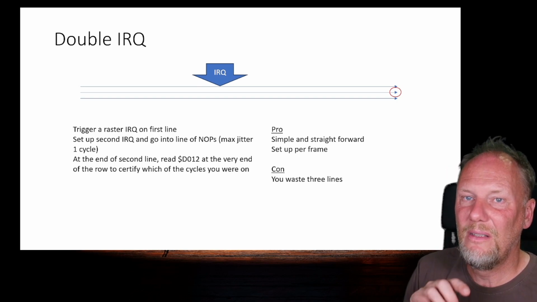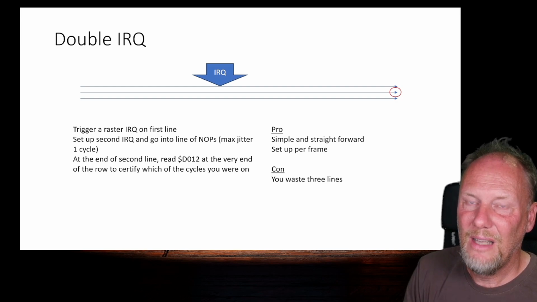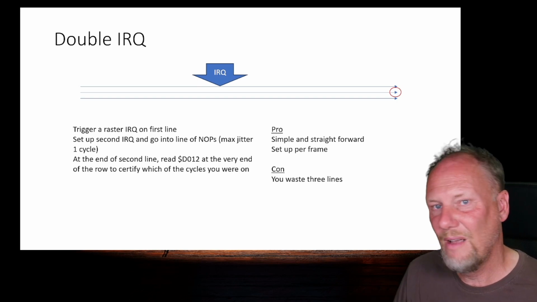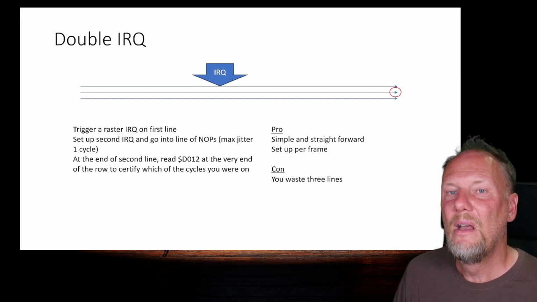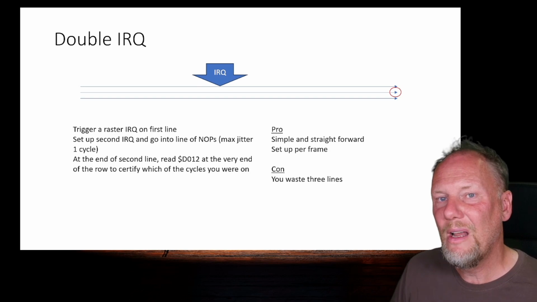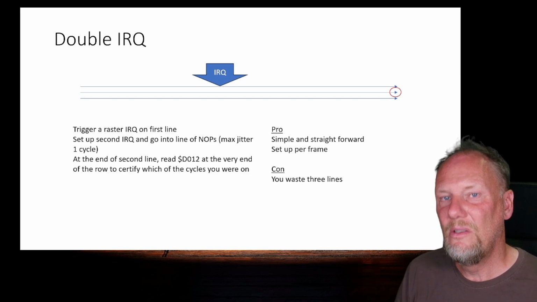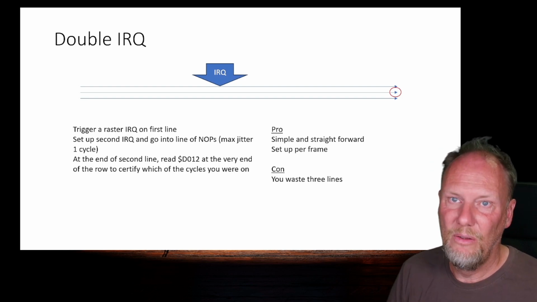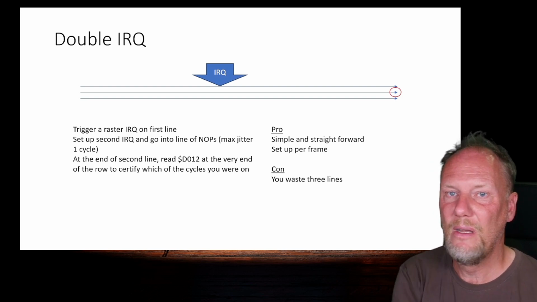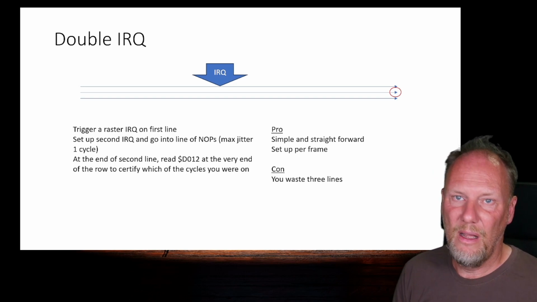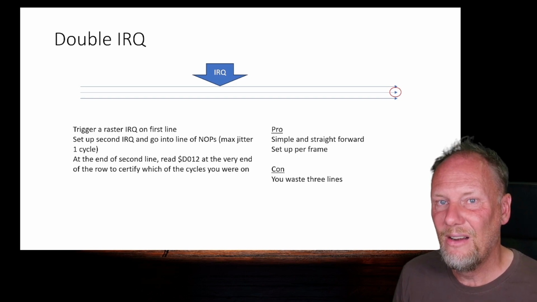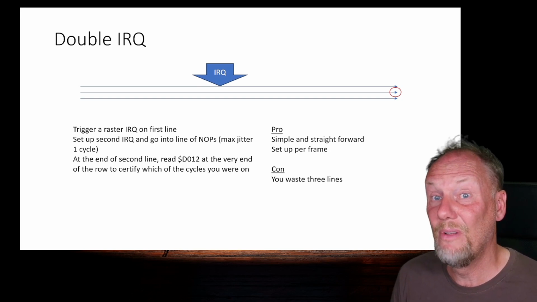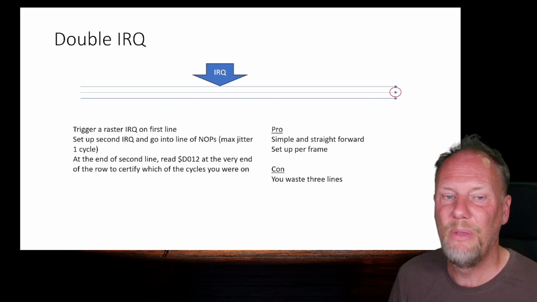And given that the CPU can execute instructions that are between 2 and 7 cycles long, when you actually start executing that IRQ, the jitter could be between 2 and 7, or you could say up to 7 cycles long. And again, you need something that handles the potential jitter here of the potential 7 cycles that you could experience.